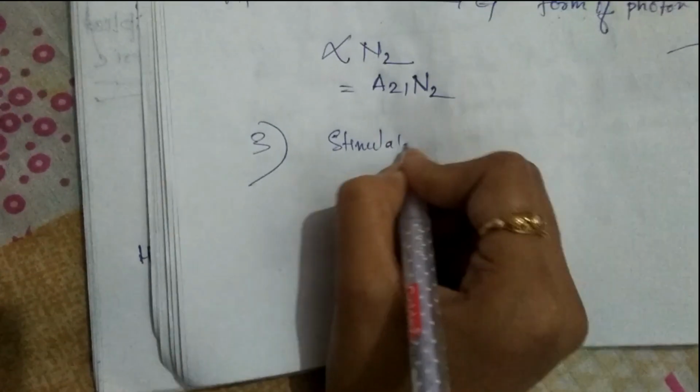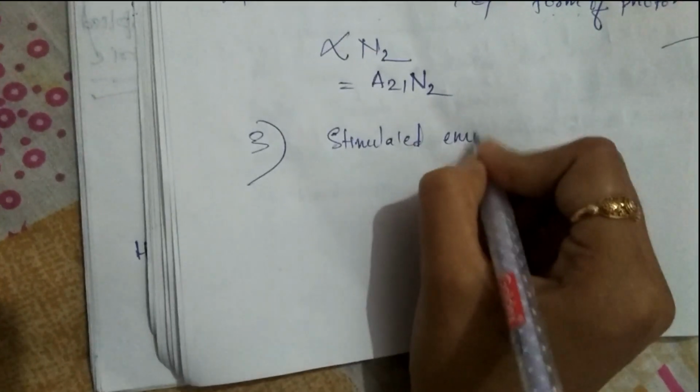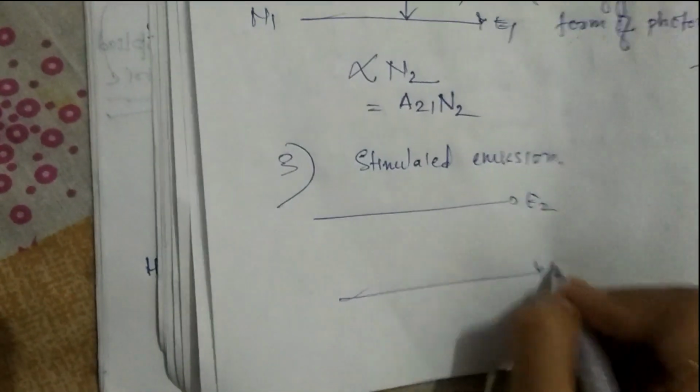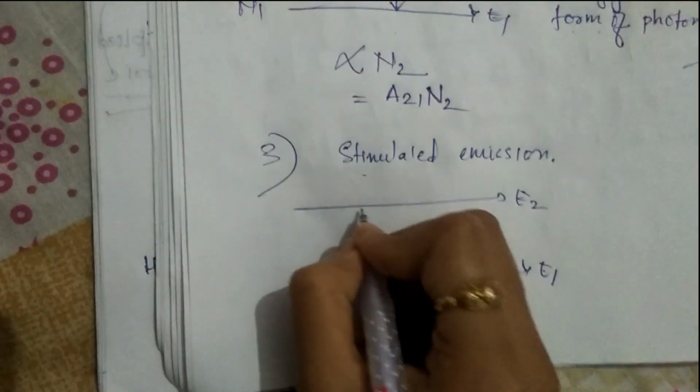Third, we have stimulated emission. We have two energy levels, E2, E1.